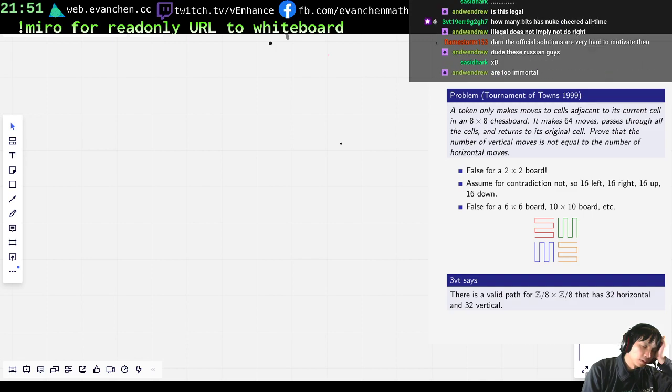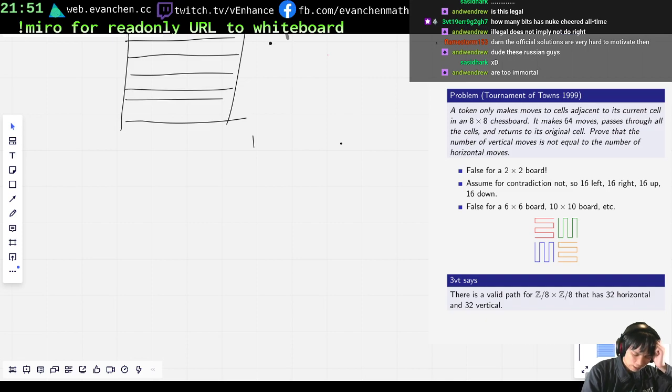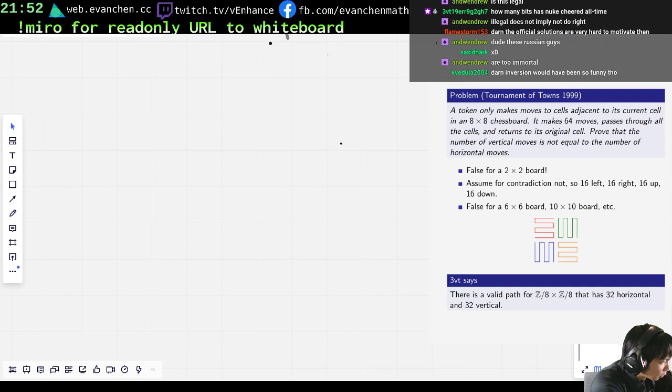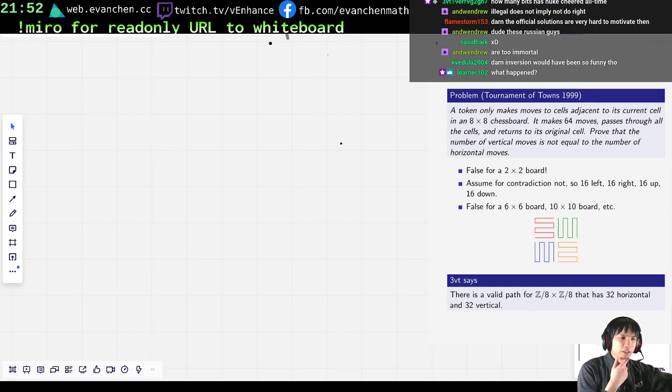Yeah, no, the problem is you're not using the fact that the original graph is a loop.